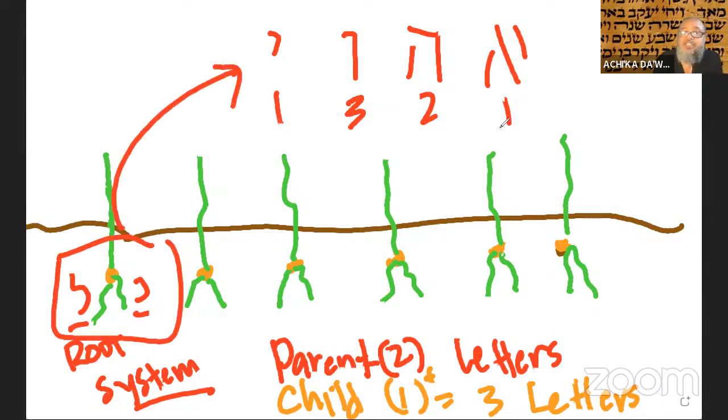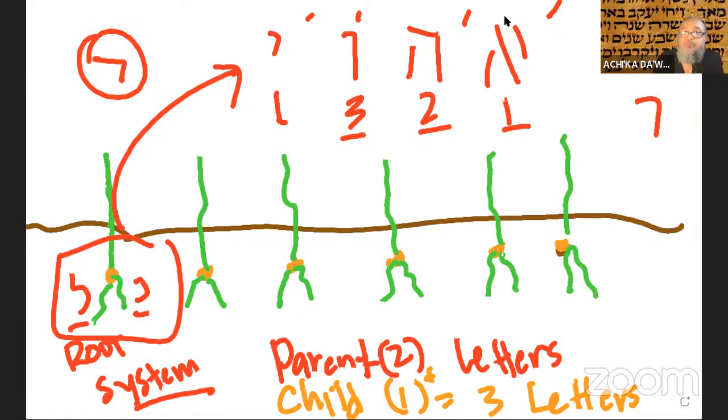And if it did, it'd have 1 and 2 is 3, 6 and 7, they have 7 children. And these letters can be anywhere within that root. They could be in the middle like that. The aleph could be there.